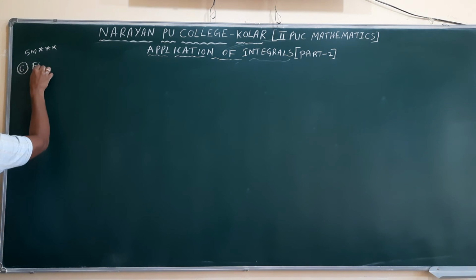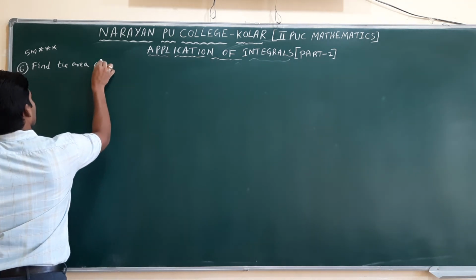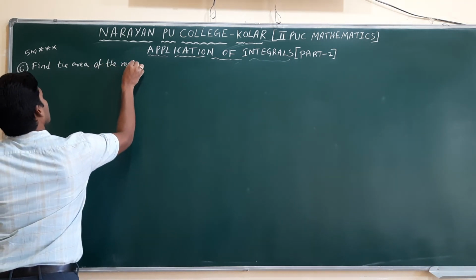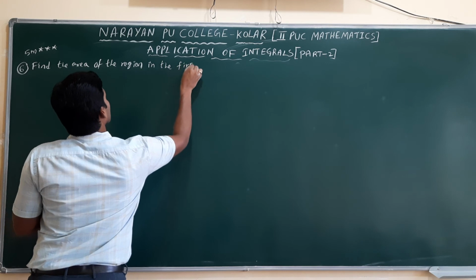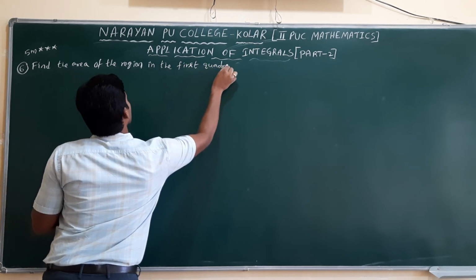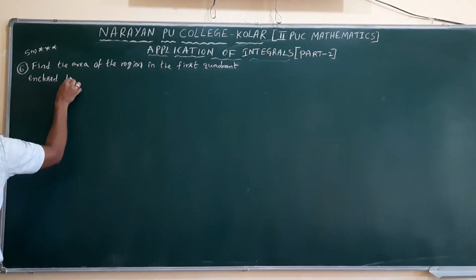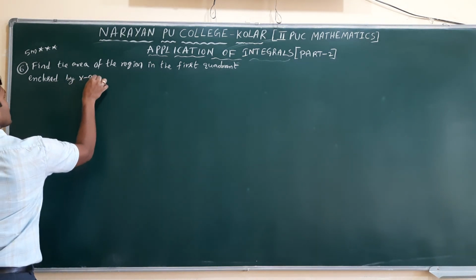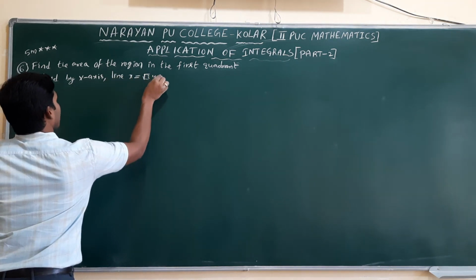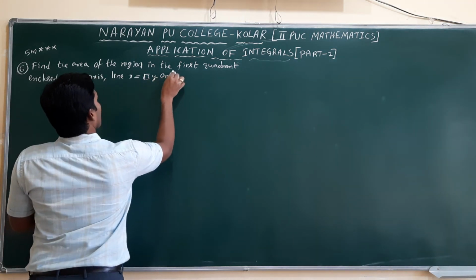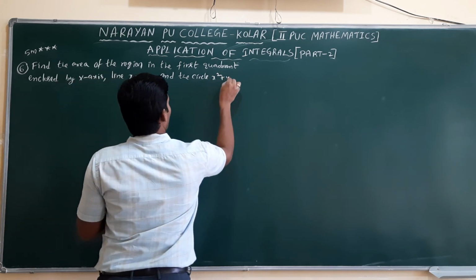Find the area of the region in the first quadrant enclosed by the x-axis, the line x equal to root 3 y, and the circle x square plus y square equal to 4.